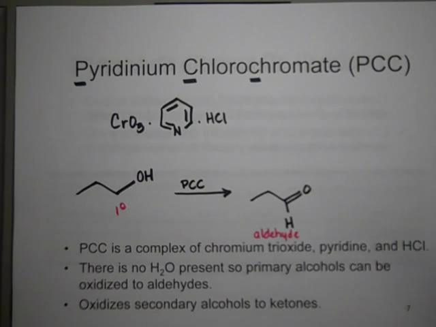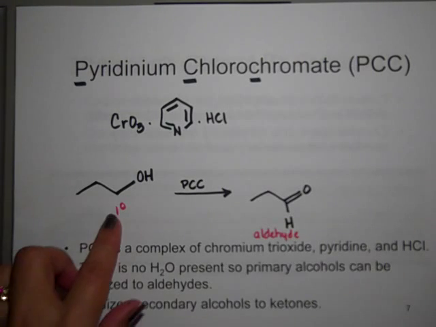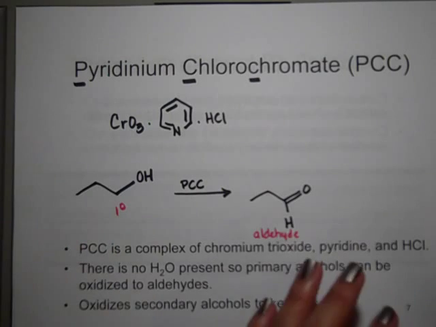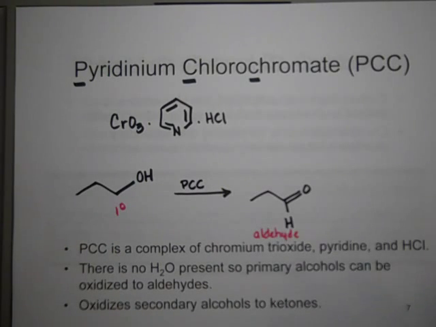If you happen to have a secondary alcohol, PCC will also oxidize secondary alcohols into ketones, but usually you want the selectivity of going from primary to aldehyde, and that's why you use PCC for this reaction.